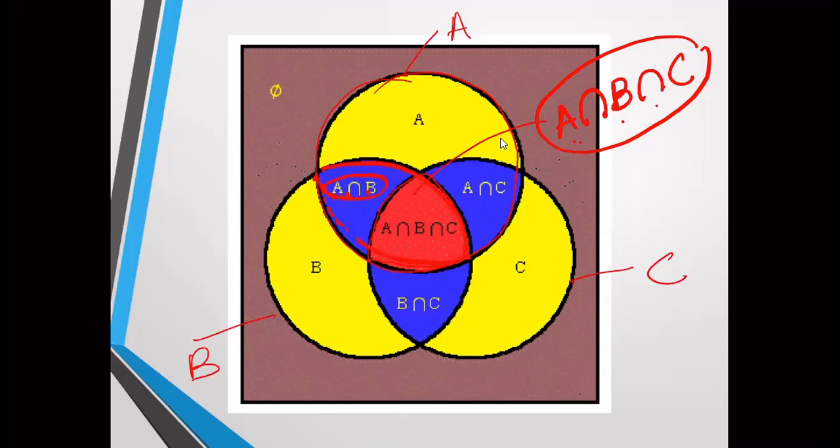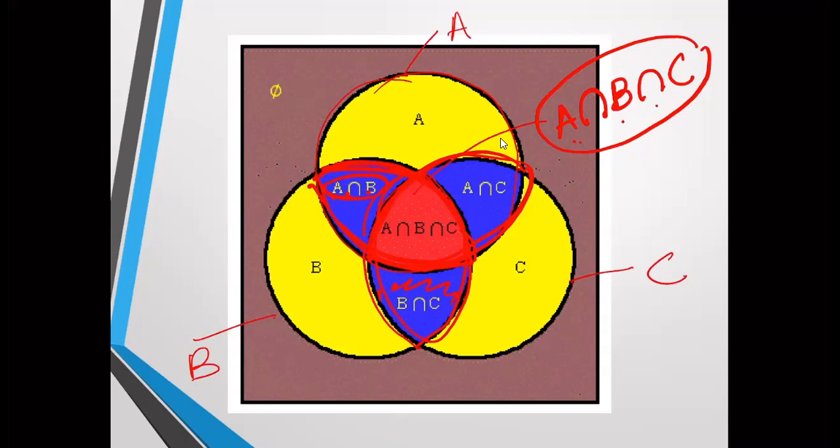Here we have A, B, and A intersection B is the entire region. A intersection C is this entire region. And then B intersection C, not this region in blue color.